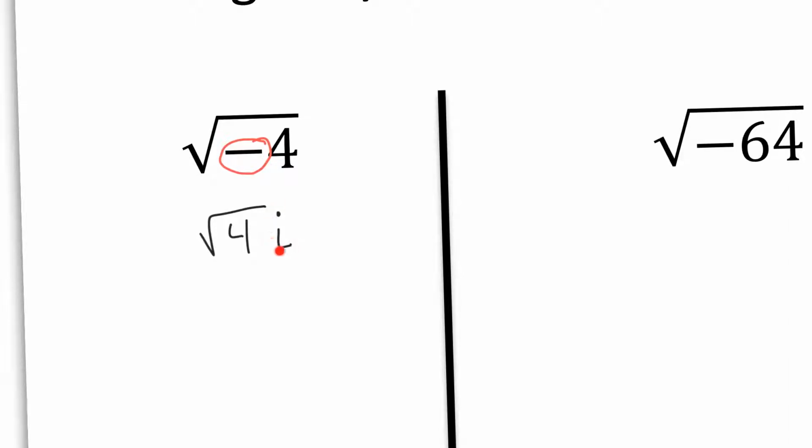You have an i outside of the radical. This i means that this number came from a negative 4. Now you can actually find the square root of 4. Just the regular square root of 4 is 2. So the answer will be 2 with an i. And this is your imaginary number. So the square root of negative 4 is 2i.